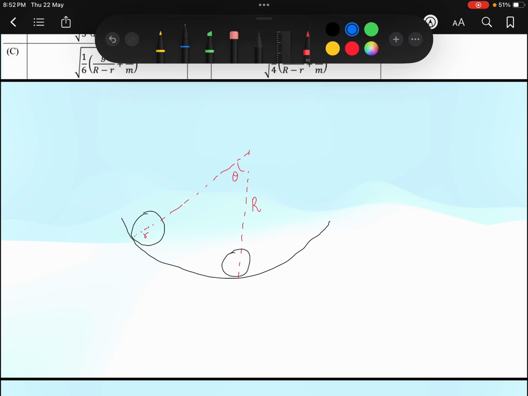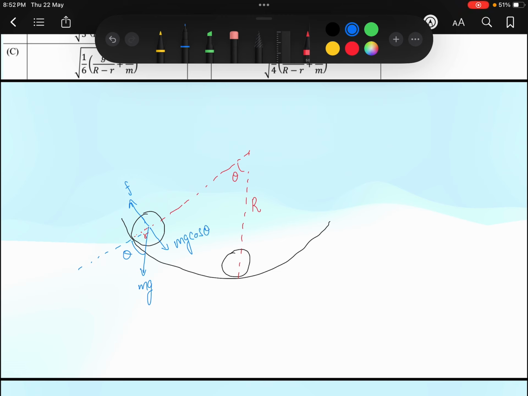So we have to write down all the forces that are acting on this disk. What are the forces acting? One is the mg that is acting in this direction. One will be a friction force here. This is F, and we can assume this angle is also equal to theta. So this component in this direction will be mg cos theta.